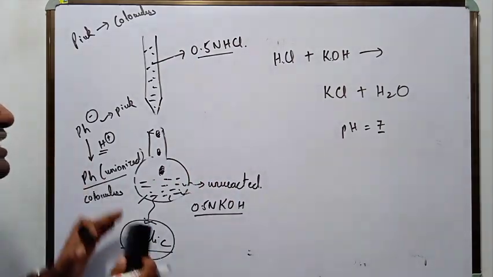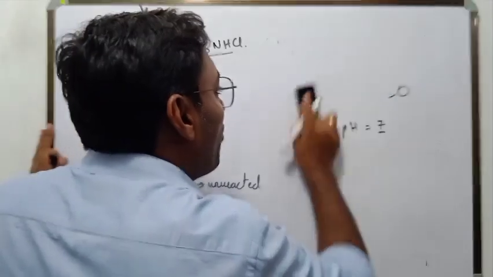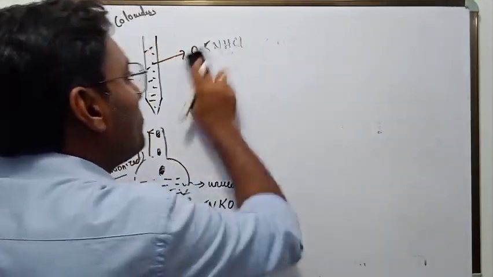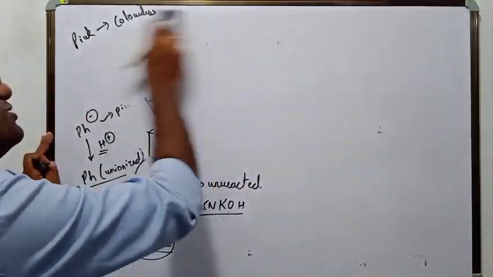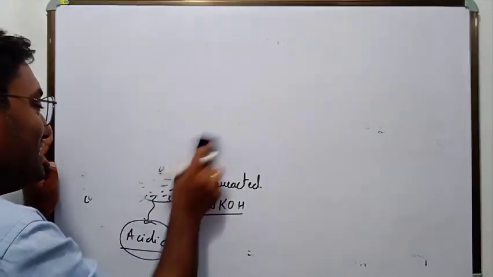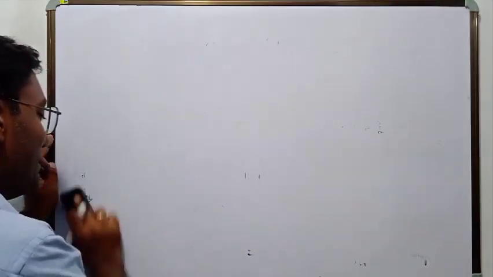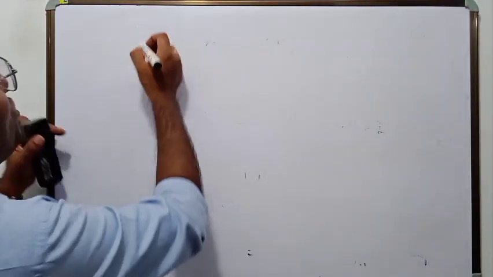When it becomes colorless, that is the time you realize that all the KOH in the round bottom flask is consumed. Consumed by whom? Consumed by HCl, and there is no KOH left that it could react with. That is the time you need to stop the titration.